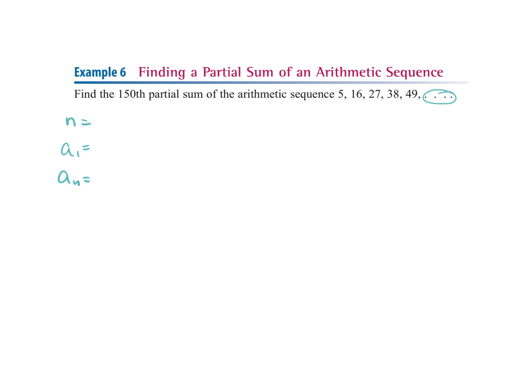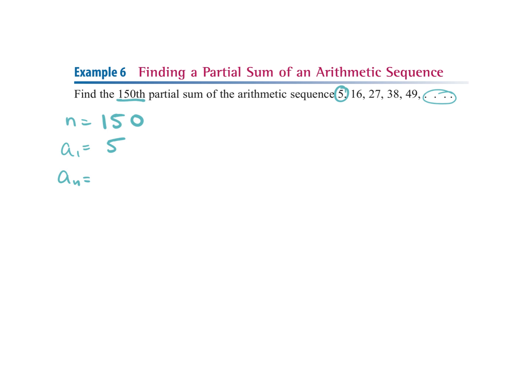How many terms does it expect us to add here? What's the question asking us for? 150th partial sum. So we're adding up 150 terms. What's our first term? 5 would be our first term.